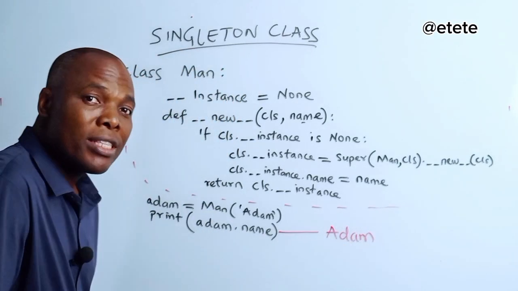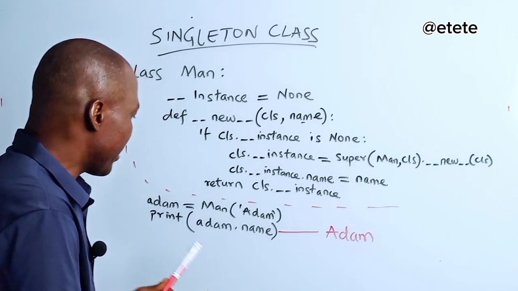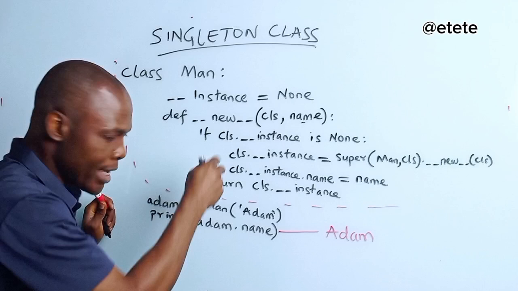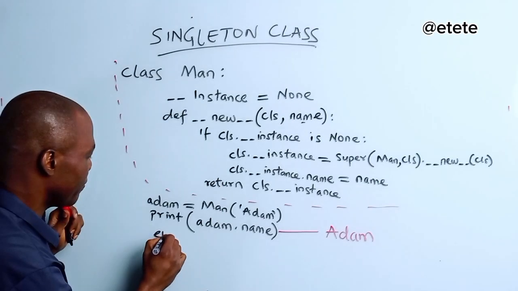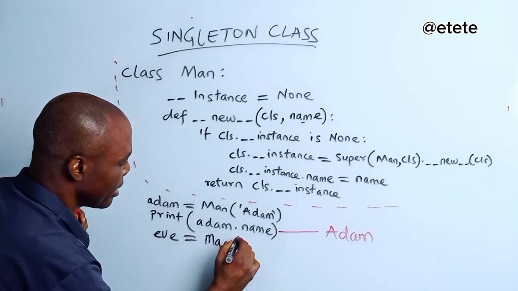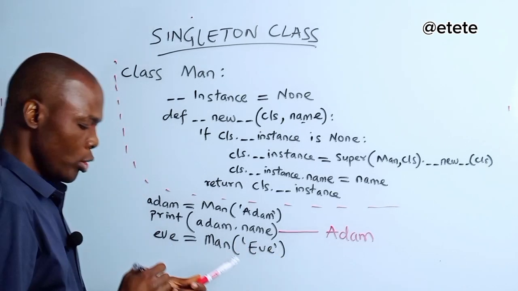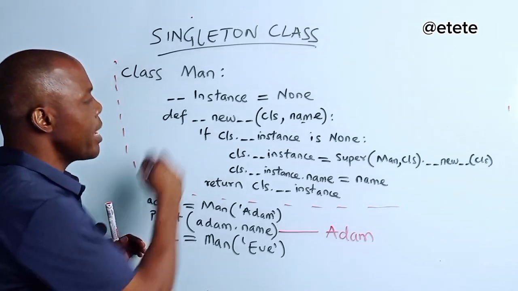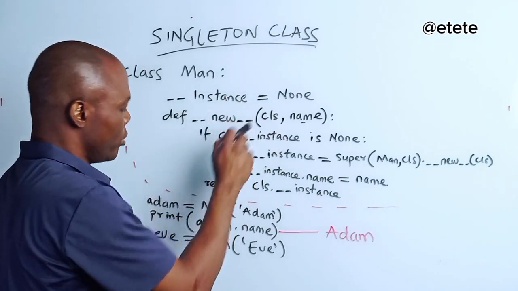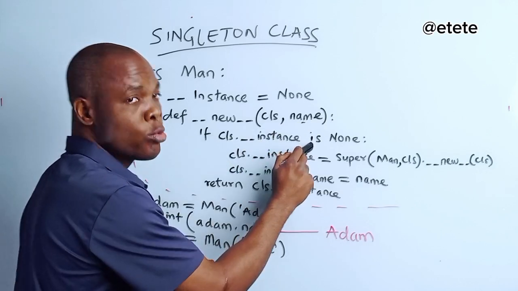Now, if I decide to instantiate this class again by saying Eve, and then I'll call the constructor again, Man, and supply Eve to it, what will it do? It will come here, and it will give this Eve to name, and then it will go in.